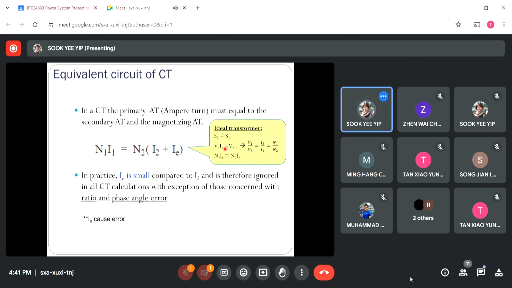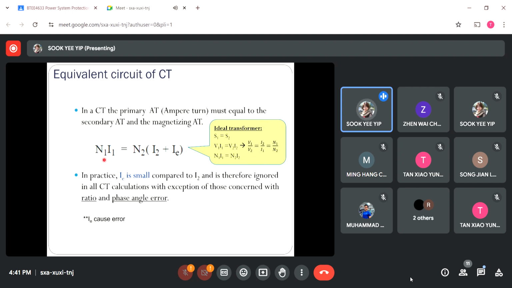But in practice, there will be a small magnetizing current flow at the secondary side. So let's check out the first point here. For a practical transformer, the primary ampere turns would be equivalent to the secondary ampere turns plus the magnetizing ampere turns.